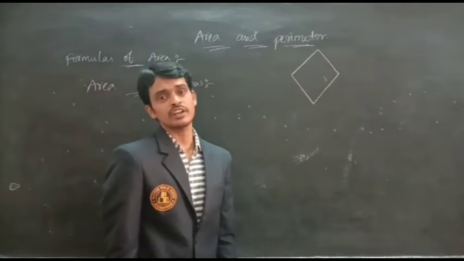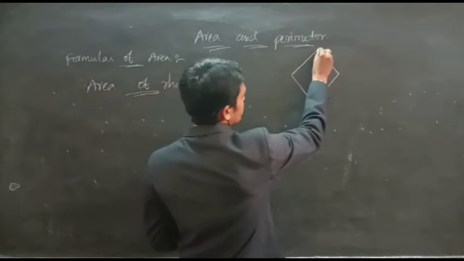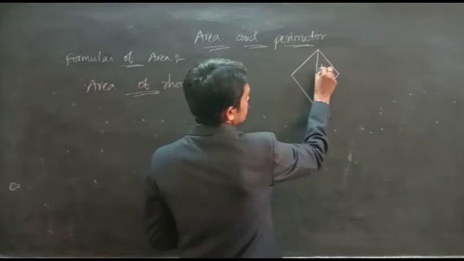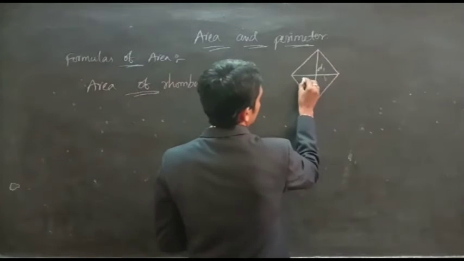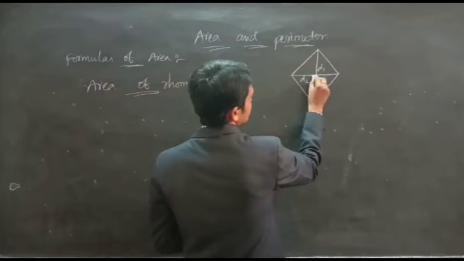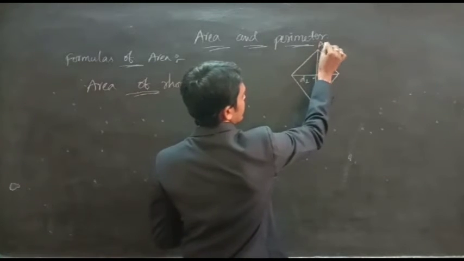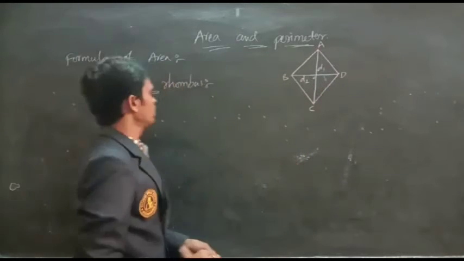Diagonals are perpendicular to each other. This diagonal is D1 and another diagonal D2, both intersecting at O. This rhombus we will name A, B, C, D.